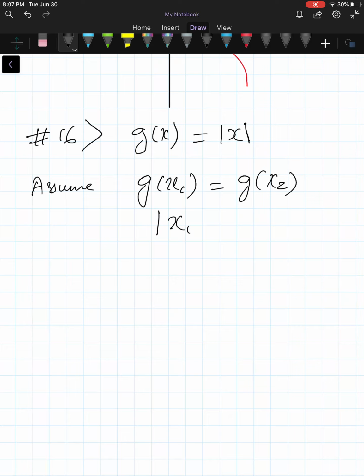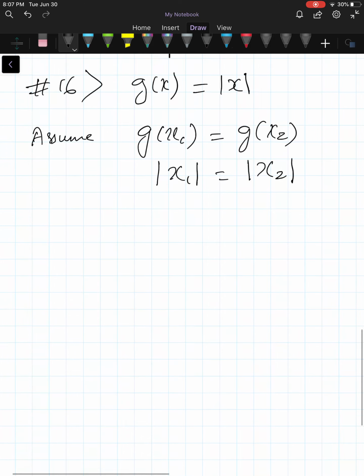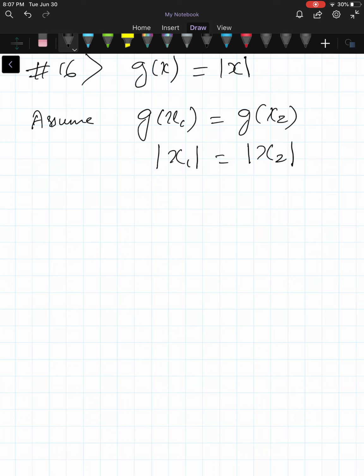So what is g of x1? It is the absolute value of x1. And what is g of x2? It is the absolute value of x2. Correct? So when the absolute values of x1 and x2 are equal, can there be a possibility of x1 not being equal to x2?